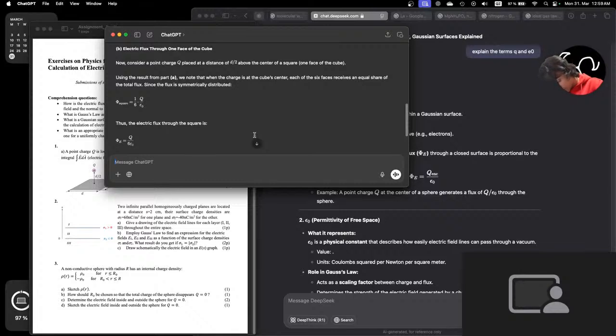The flux is distributed equally across the cube, as the point charge is at the center.